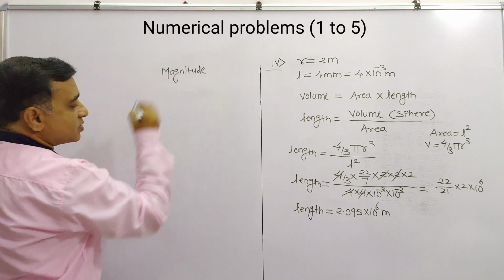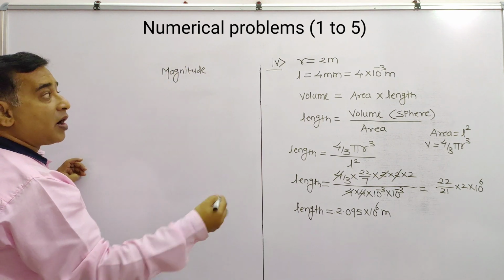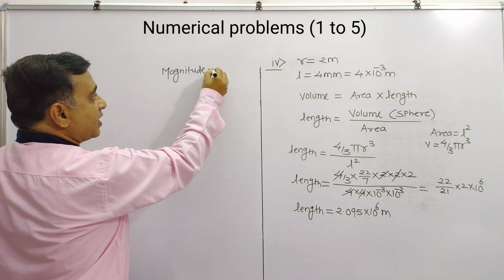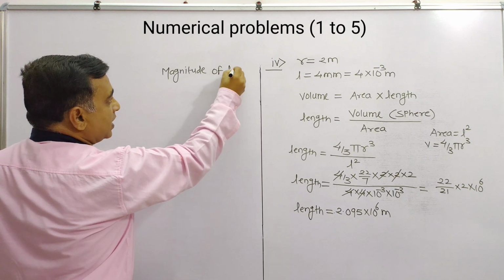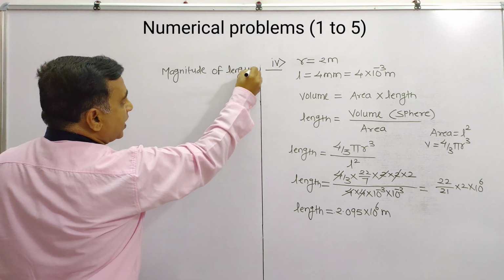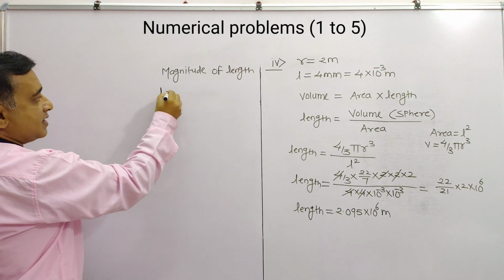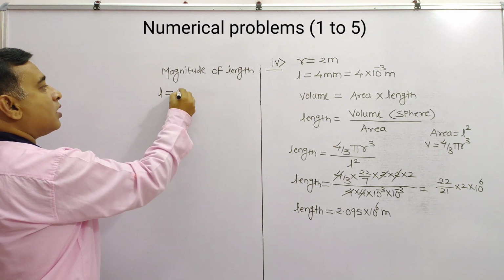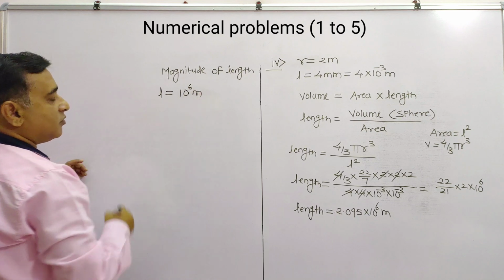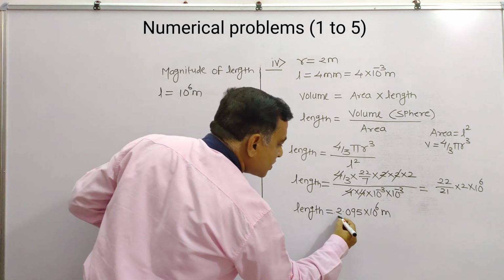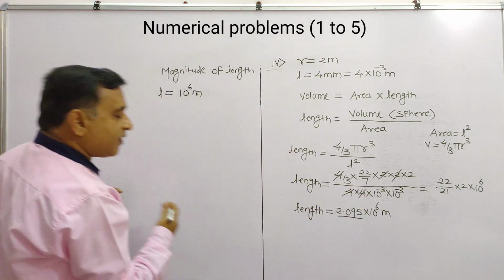Magnitude is a value nearest to the power of 10. So magnitude of length L is equal to 10 raised to power 6 meter. Why? Because this 2.095 is less than 5.